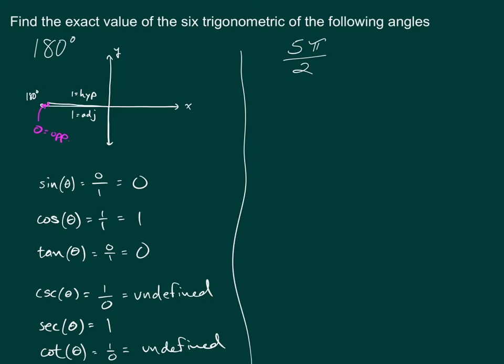Let me get some axes drawn here. There we go. And 5 pi over 2 means we will start at the positive x-axis. There's 1 pi, there's 2 pi, and if this whole distance here from the positive x to the negative x-axis is 1 whole pi, half a pi would stop right here.